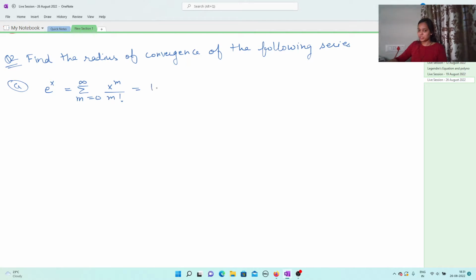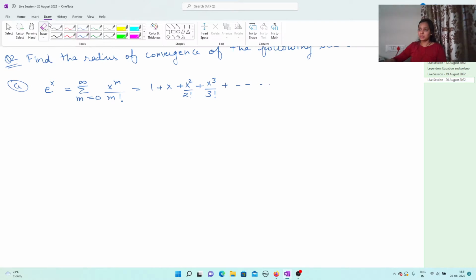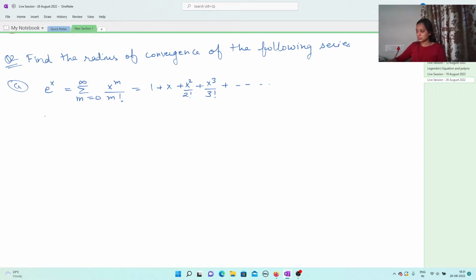And this can be written as 1 plus x square by 2 factorial plus x cube by 3 factorial and so on till infinity. So now our task is to find the radius of convergence of this particular series.